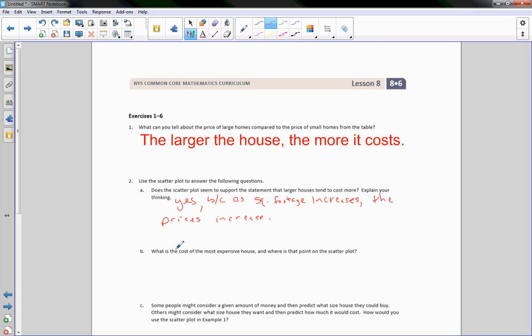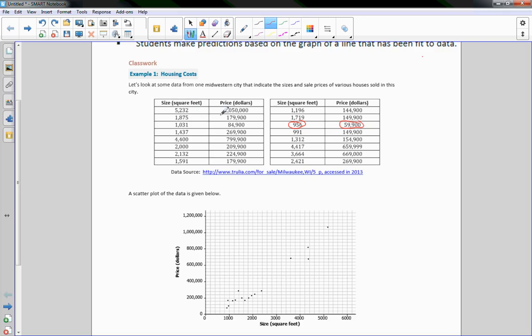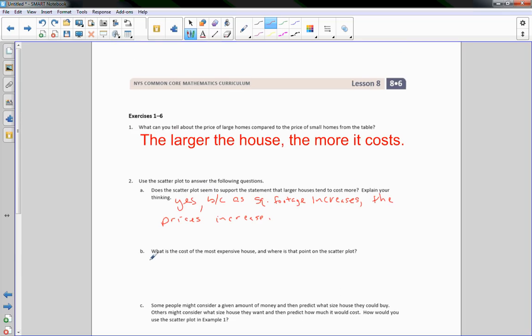B says, what is the cost of the most expensive house and where is that point on the scatter plot? If I go back here, the cost of the most expensive house is $1,050,000.